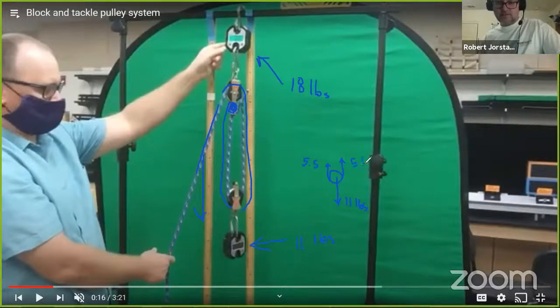Sorry about that. So now I don't know if you could tell, look at the top pulley. There's a support going up that's 18 pounds. And then notice there's a string here, and a string coming down this way, and they're all pulling down. Now remember, it's actually all the same string. It's 1, 2, 3 segments of the same string.